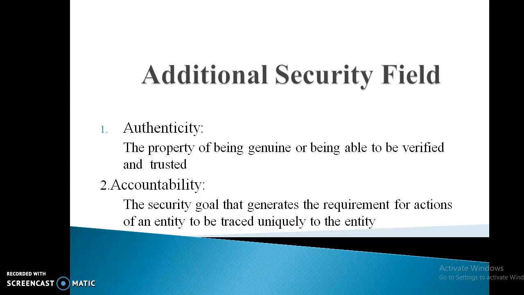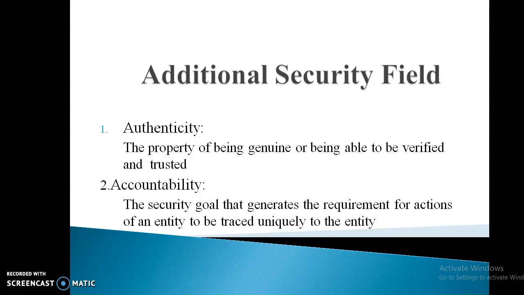Apart from these three objectives, confidentiality, integrity, and availability, two more security fields are included. What are they? Authenticity and accountability.